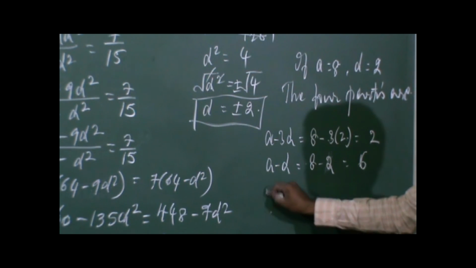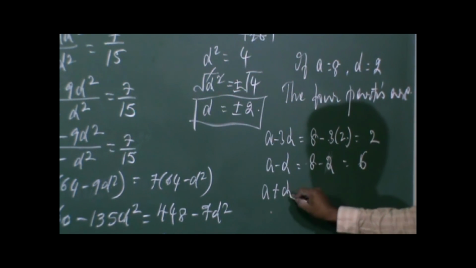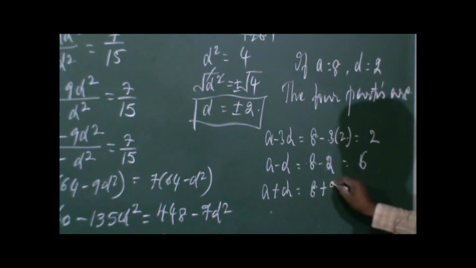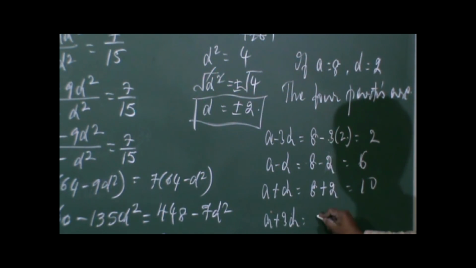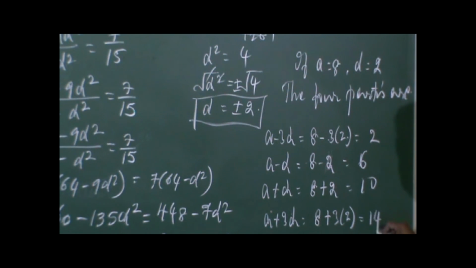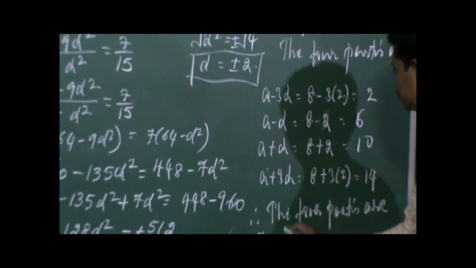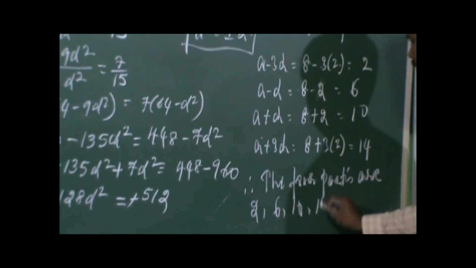Third part is a plus d, equal to 8 plus 2, equal to 10, and the fourth part is a plus 3d, equal to 8 plus 3 into 2. 3 2s are 6, 6 plus 8 is 14. Therefore the 4 parts are 2, 6, 10 and 14.